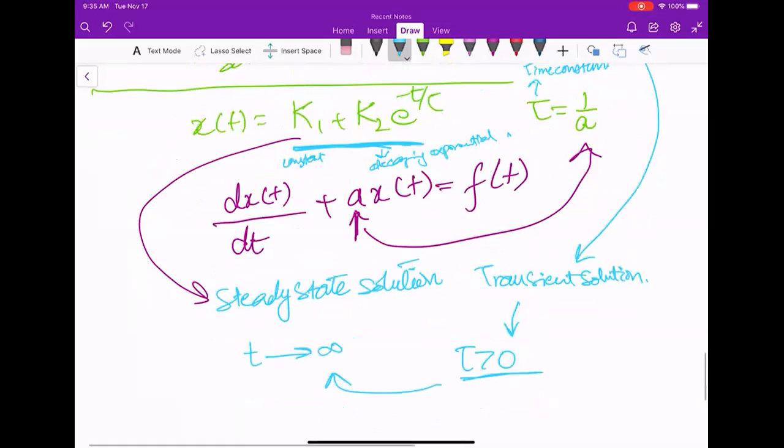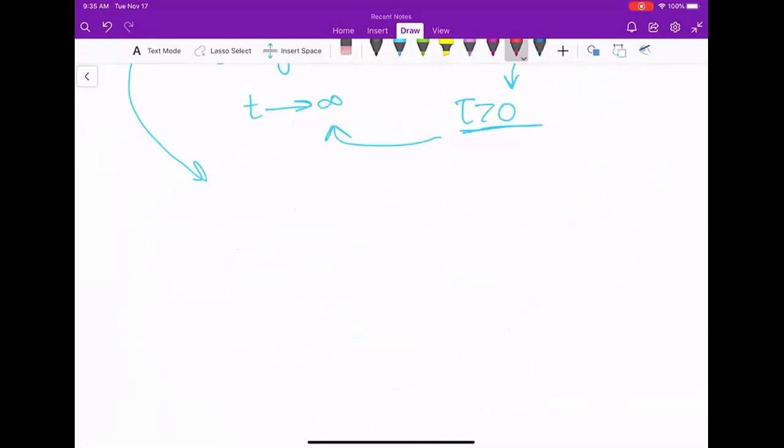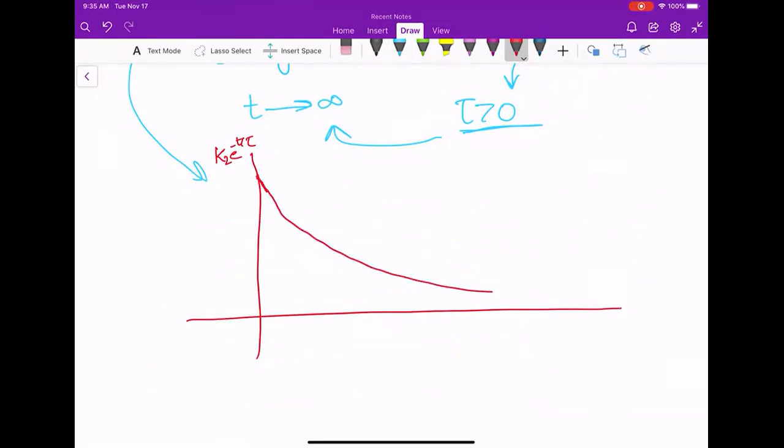So if we plot just this here, we will come to know that if this is our plot and this is k2e minus t by tau, this decaying exponential will start from here, if this is the time axis.